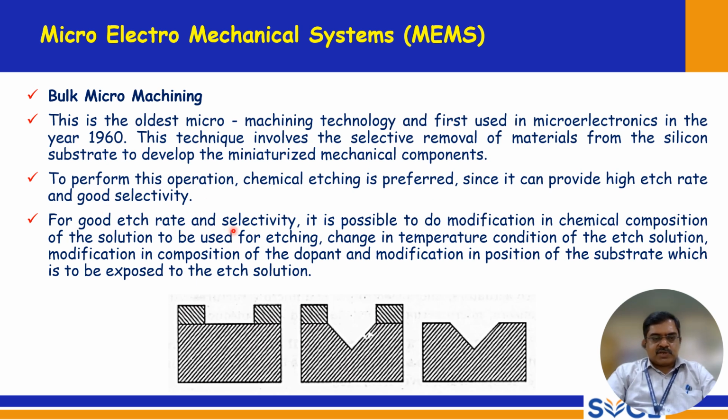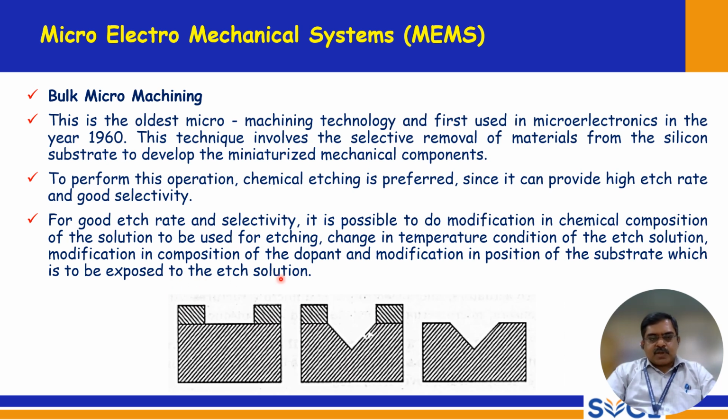For good etch rate and selectivity, it is possible to modify the chemical composition of the etching solution, change the temperature of the etch solution, modify the composition of the dopant, and modify the position of the substrate exposed to the etch solution.